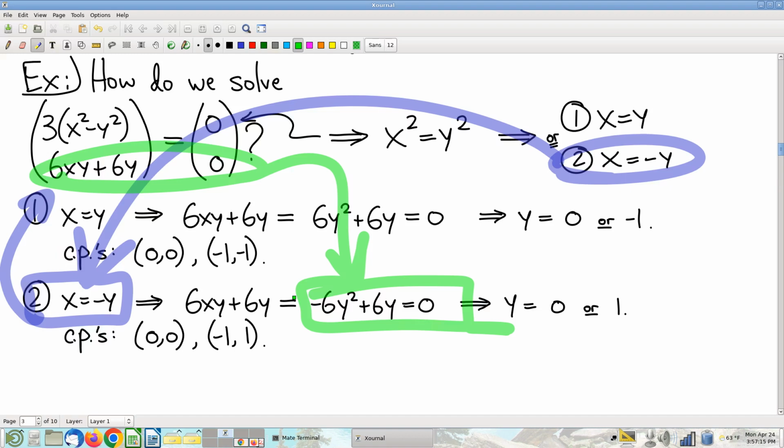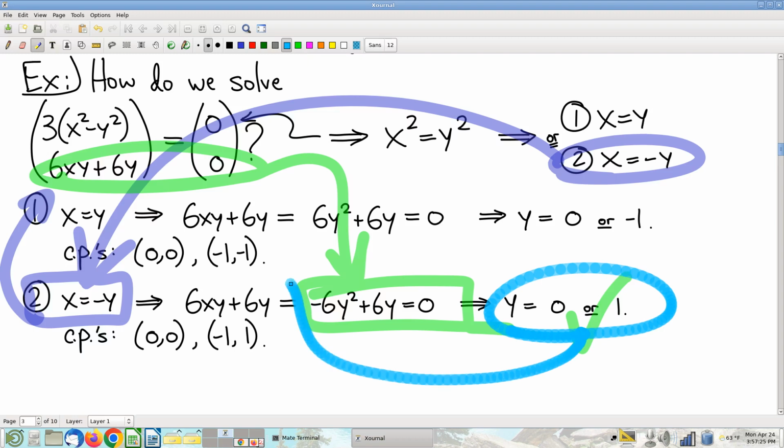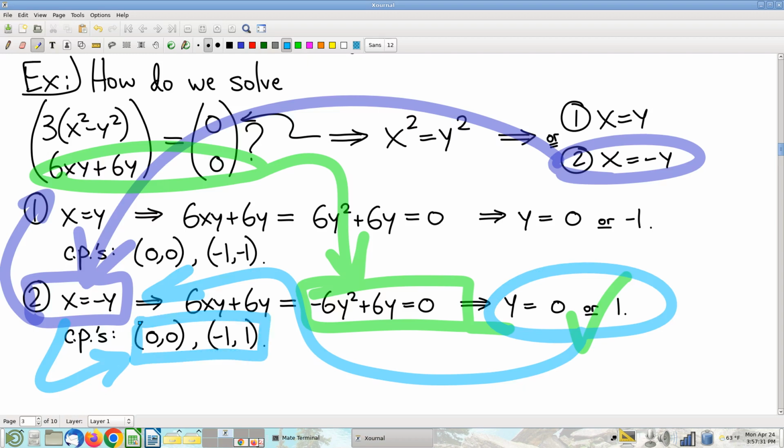If I get different algebra for y, I'm going to find different values of y. You'll see here are literally different values of y. And furthermore, not only do I get different y's, but I'll be plugging those different y's into a different formula to relate to x. And so I get different critical points here.